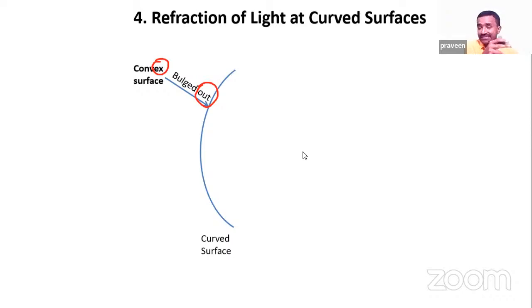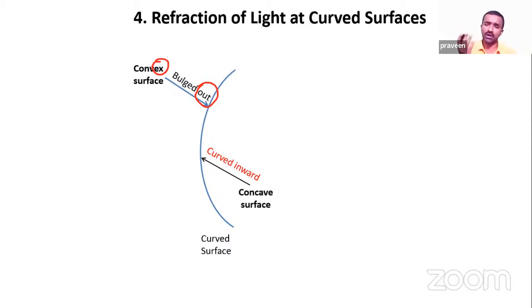So an out surface, a bulged out surface, is called a convex surface. Then if you see another surface that is bent inward, curved inward, we can call it a concave surface. Cave meaning is inward. So here simply a concave surface, right?